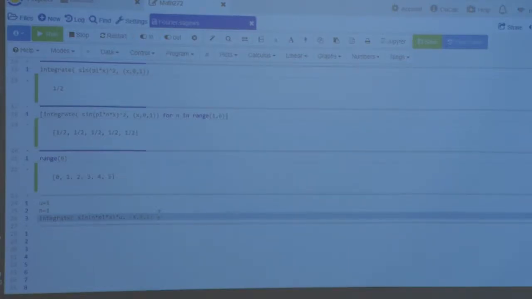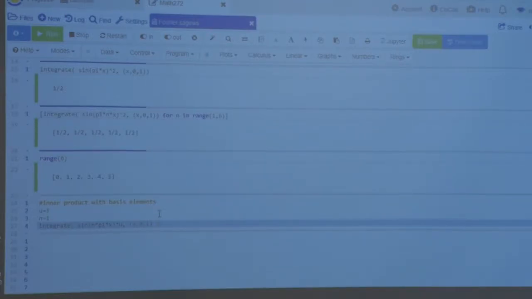Comments in Python are the pound sign, the hashtag. Hashtag integrate. No, this is inner product. So what should this be?